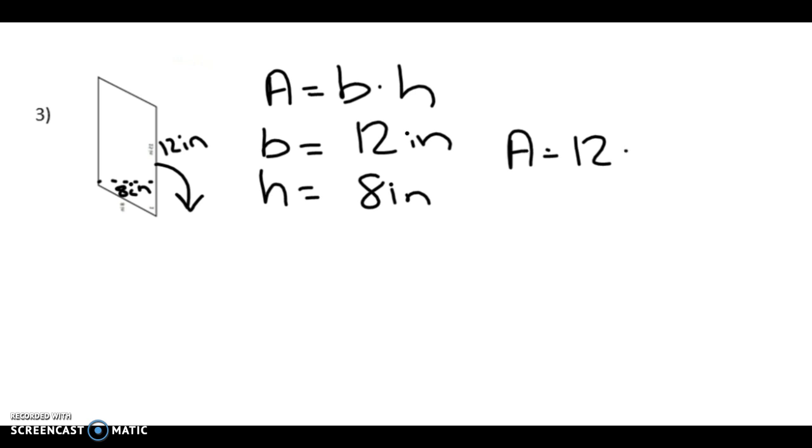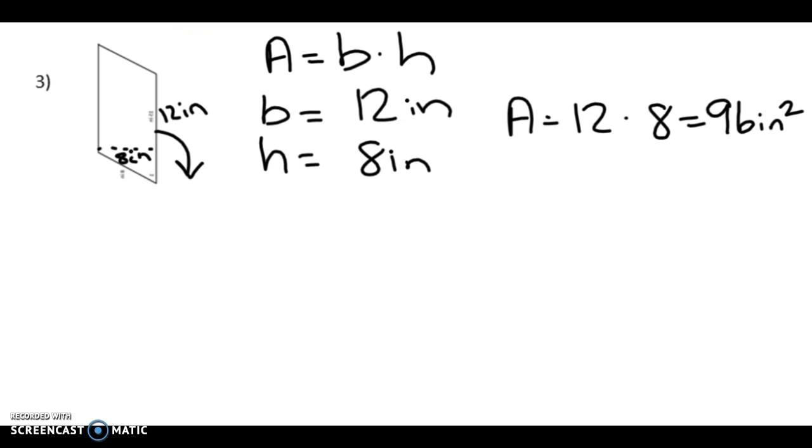So 12 times 8 gives us 96 inches squared for our answer. Now, would it make a difference if I had flipped the base and the height? No, because the commutative property tells us we can change the order and it's still going to get the same answer. Okay?